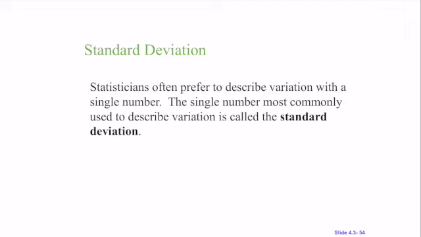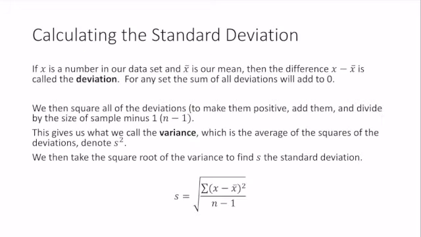Standard deviation is our main way that we as statisticians like to describe variation. To calculate the standard deviation, the first thing we do is take the square root of the sum of our data values minus our sample mean, squared so that none of them are negative, over our sample size minus 1.